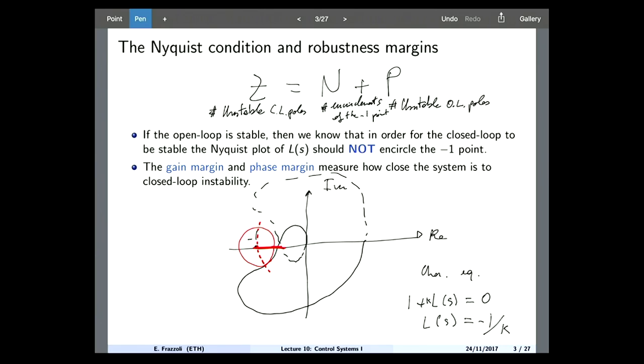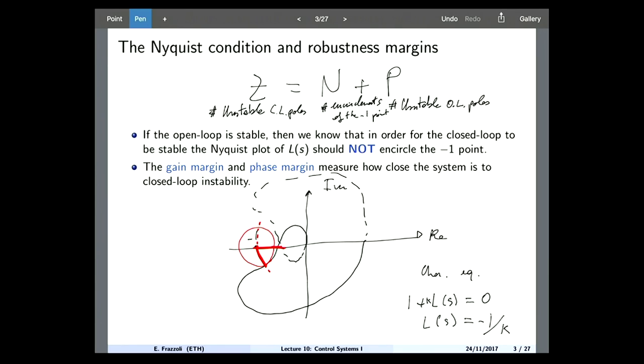What we are interested in looking at is how big this angle is. This is called the phase margin. This is by how much I would have to rotate the Nyquist plot while still maintaining closed loop stability.